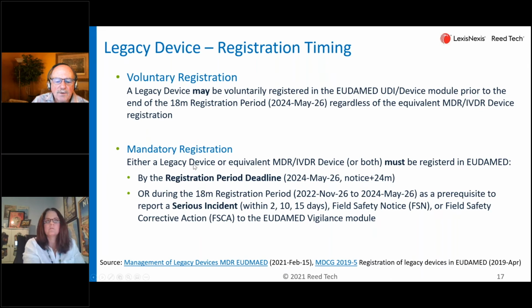So you can either log that serious incident back to the legacy device or the equivalent MDR device. But one or the other basically immediately has to be registered inside Unimed. So you have that deadline that you must meet, and then it might be spontaneous if you have a serious incident during that particular period of time.